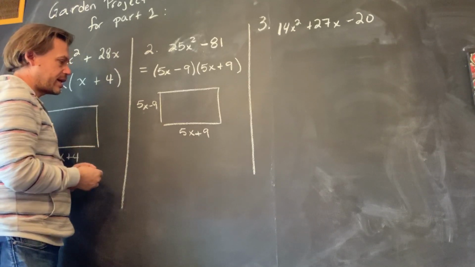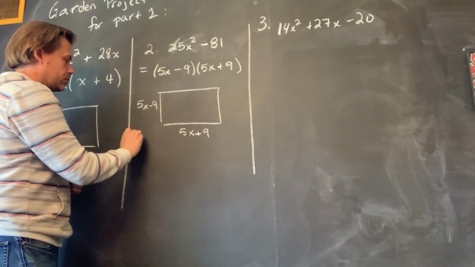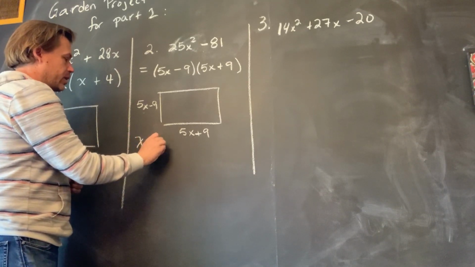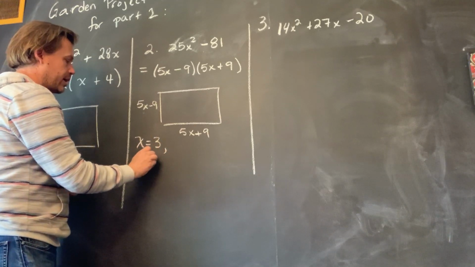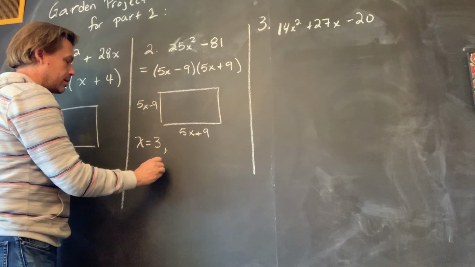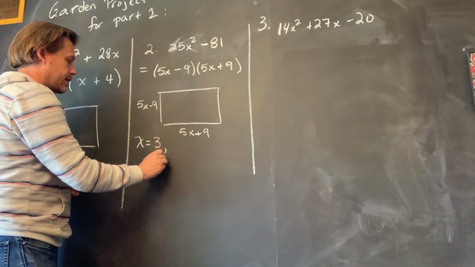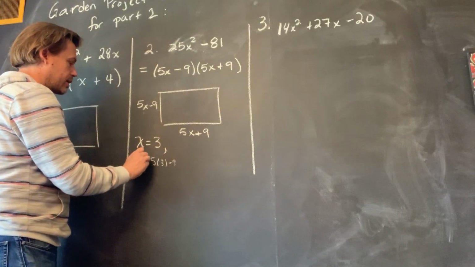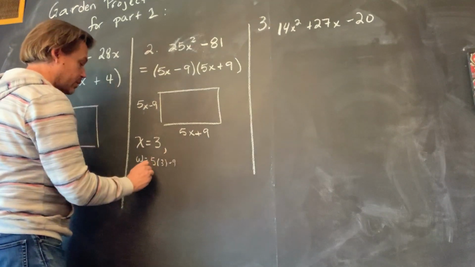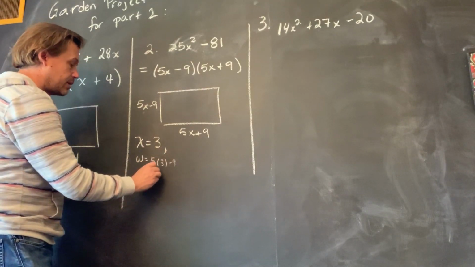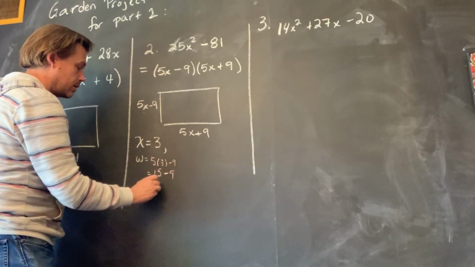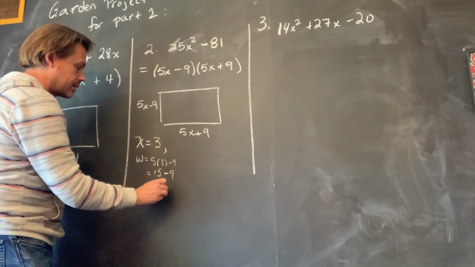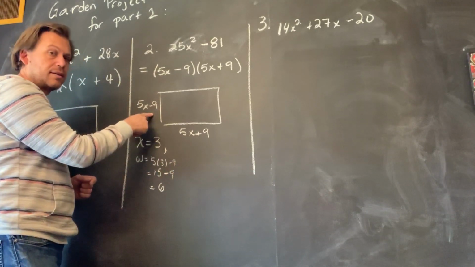So maybe let's just say x is equal to 3. If x is equal to 3, then you would have the length is 5 times 3 minus 9. Well, let's call this the width because it's shorter. So that's going to be 15 minus 9, which is going to be 6. So the width would be 6.